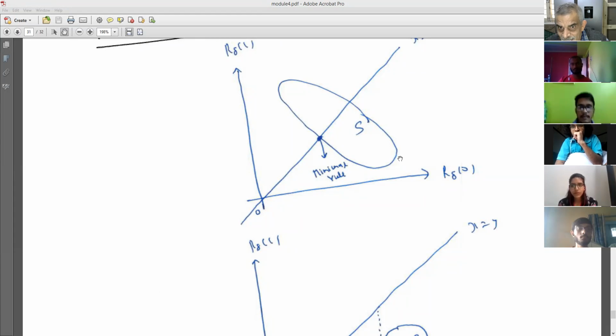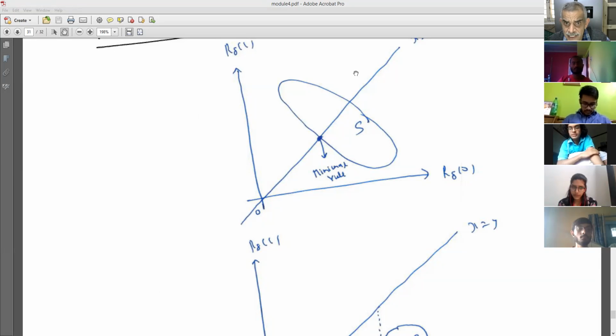Now I look at all the estimators over here, and ask for which estimator the x-axis value is minimum. As I keep varying, I see the x-axis is minimum over here. So for all the estimators over here, the estimator whose risk corresponds to this point has the smallest maximum risk. Now I look at the other side. For all the points over here, the maximum risk is R delta 1.